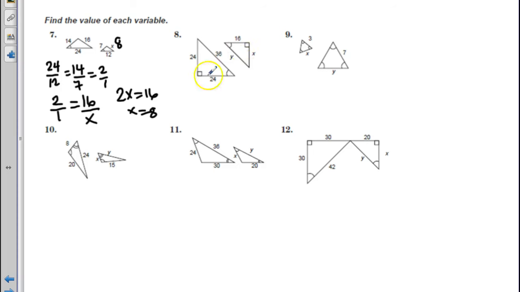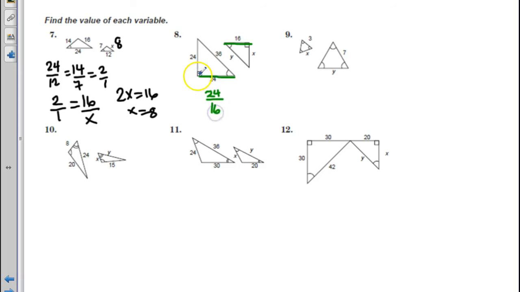We have angle-angle similarity here. And we could also probably use one of the sides, but we don't have two sides and an included angle on this one. So we'll use angle-angle similarity. And let's see if we can figure out what this side is. So this side matches this one. So 24 over 16.